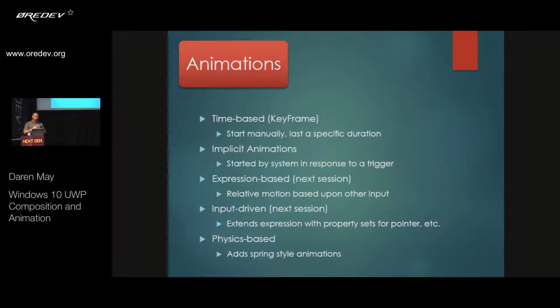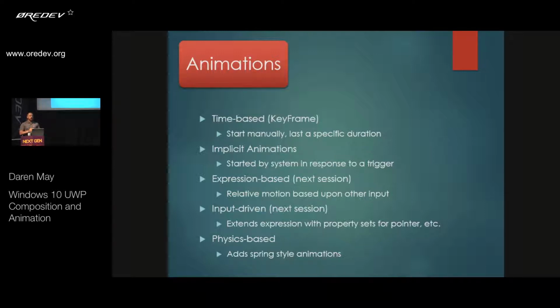Implicit animations build upon that idea, but instead of you manually starting an animation, you instead set up the system to monitor for certain triggering events, for example, the change of an offset, and then the animation will run automatically powered by the system instead of you having to launch it yourself. We'll look at both of those animations in this demo shortly.